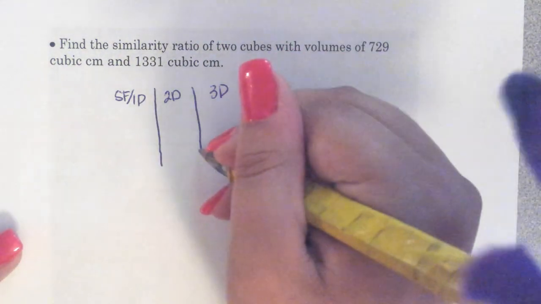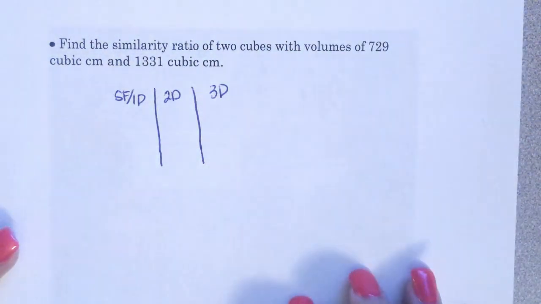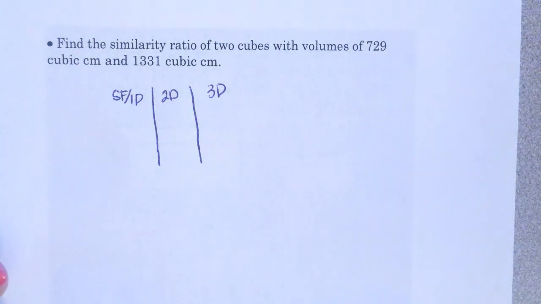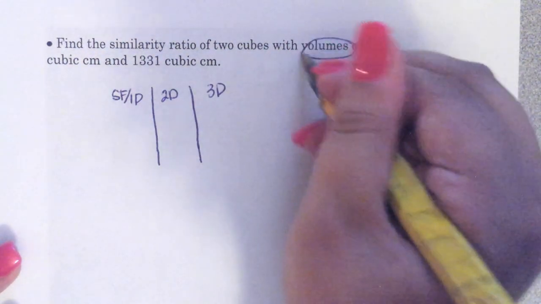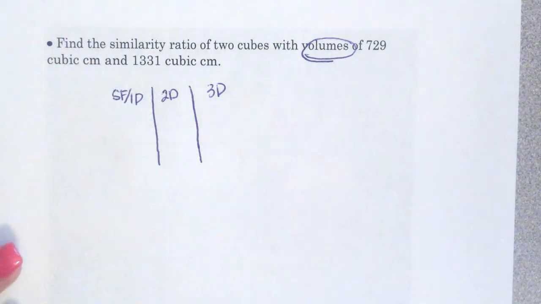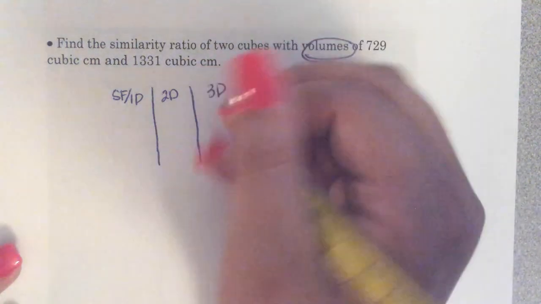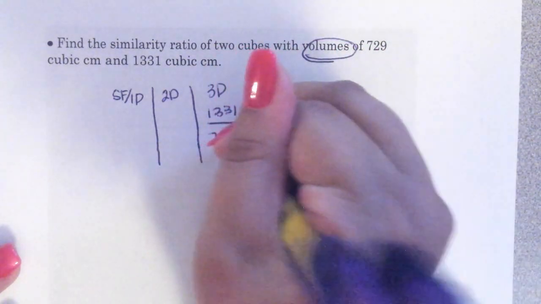Okay. So then I'm going to do 2D and 3D. What do I know? I know volumes, so what column is this going to be in? 3D. Which one goes where? 1,331 goes on top. It's second over first.